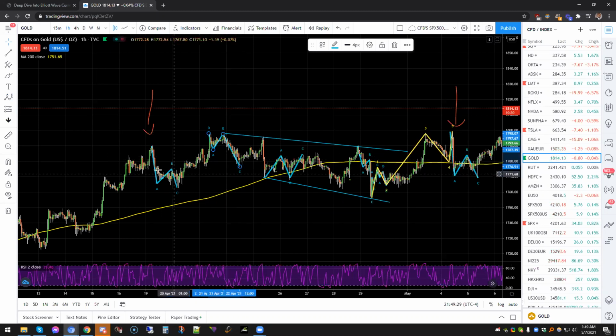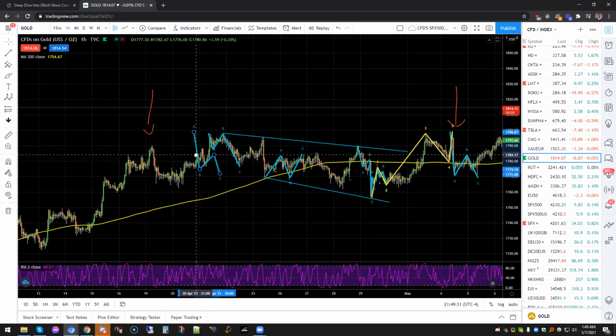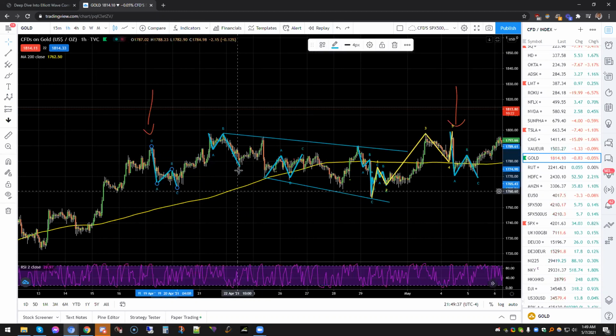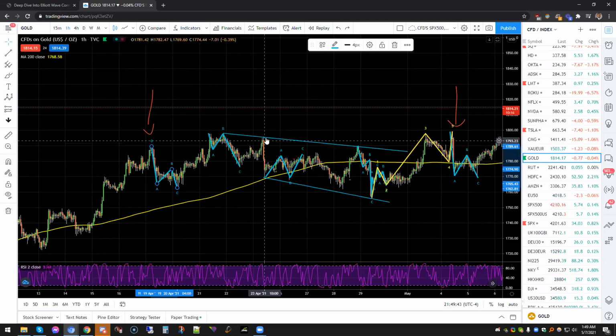Okay? It's pretty much the same as this one, just the other way around. And then you got a three-wave correction. Once you see this type of three-wave correction, you're going to be expecting another wave to the downside. This one is very strong. This one is more impulsive.